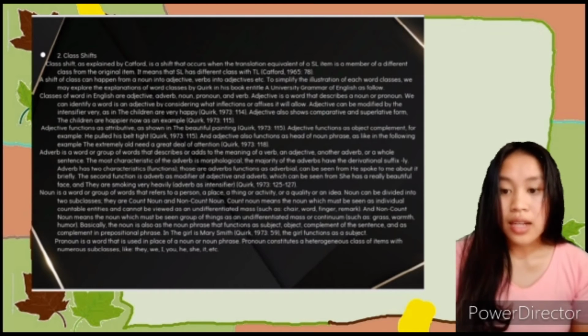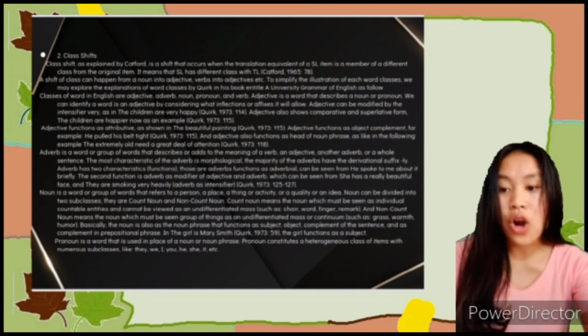Noun is a word or group of words that refers to a person, a place, a thing or activity, or a quality or an idea. Nouns can be divided into subclasses.